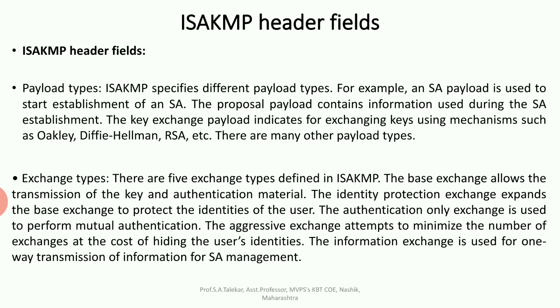The authentication only exchange is used to perform mutual authentication. The aggressive exchange attempts to minimize the number of exchanges at the cost of not hiding the user's identities. And the last one, the information exchange, is used for one-way transmission of information for security association management.